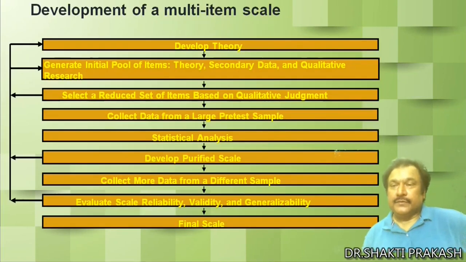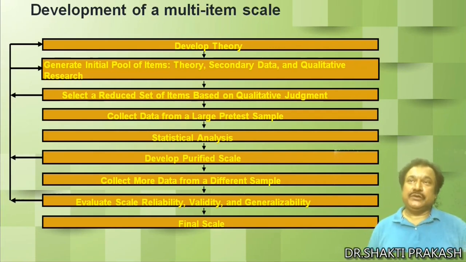Now, coming back to the previous slide, development of the multiple scale. You have the option to develop your theory. Theory means your idea, which is based on previous research.